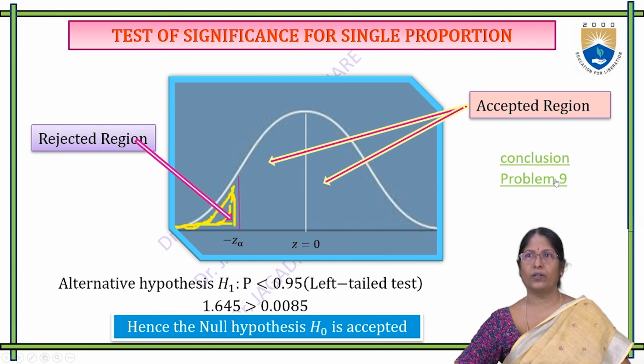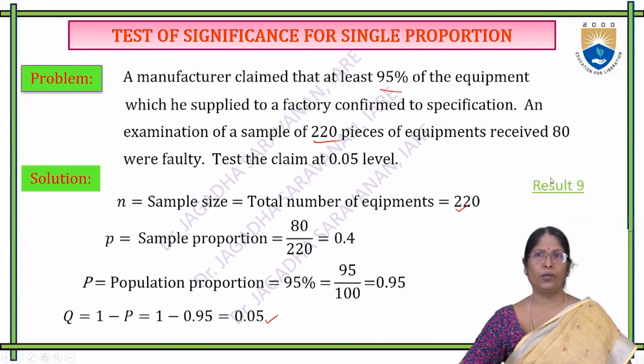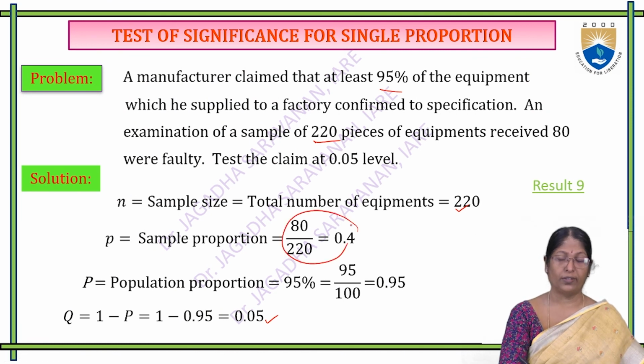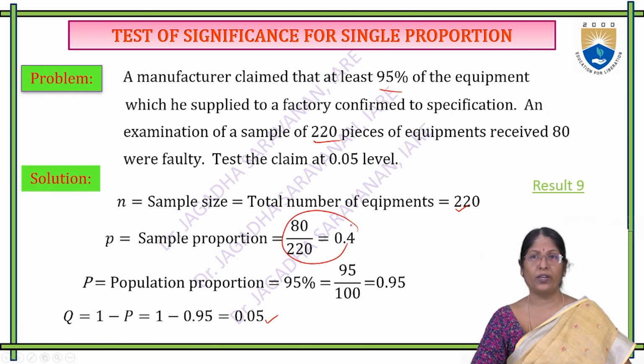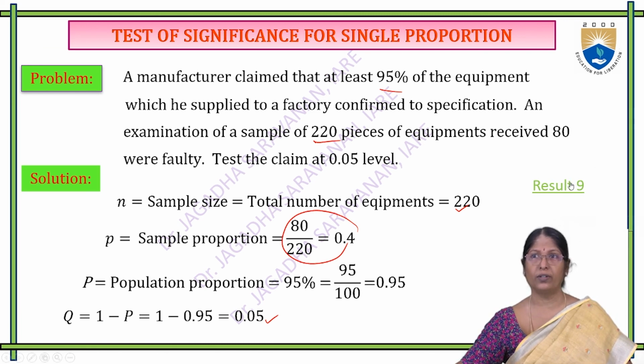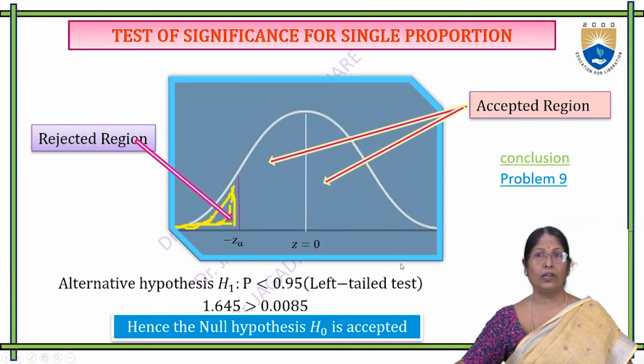Here we'll go back to the problem. We have taken 80 divided by 220 equal to 0.4. This comparison we can also make. We selected the left tail.